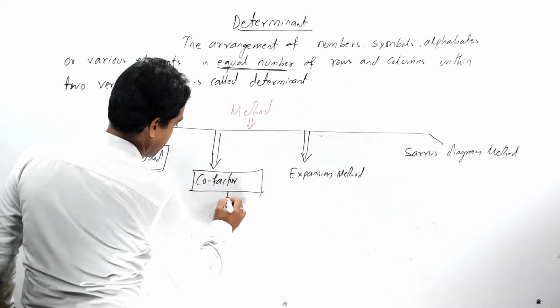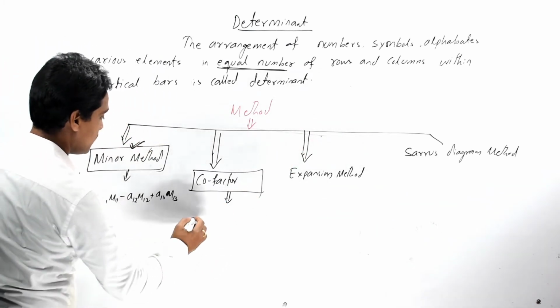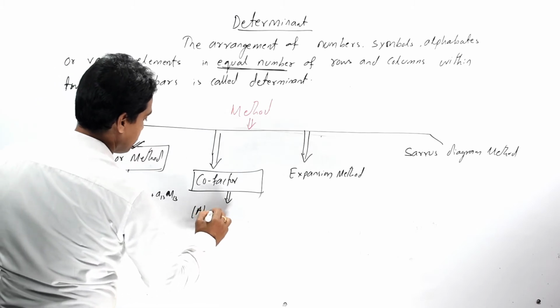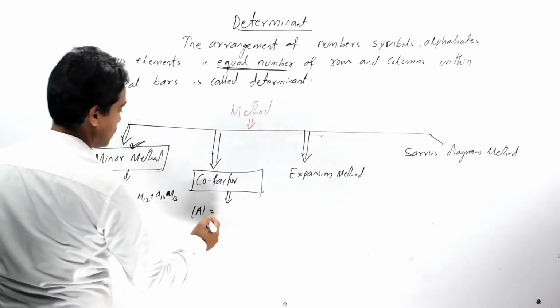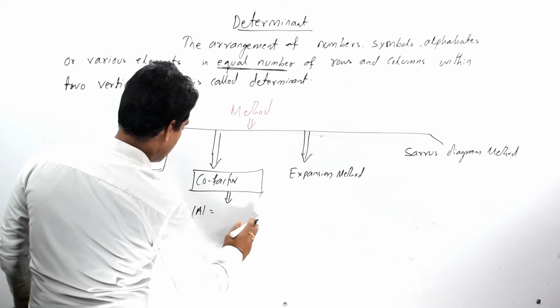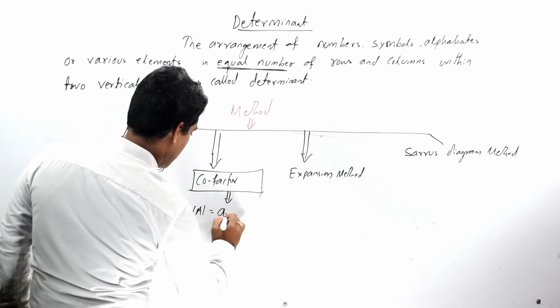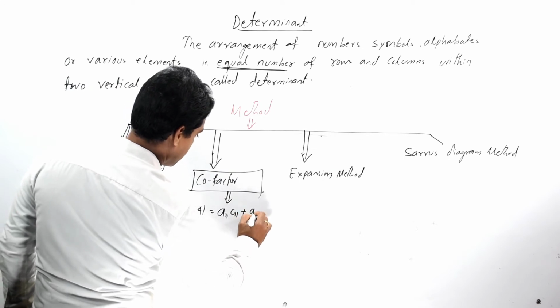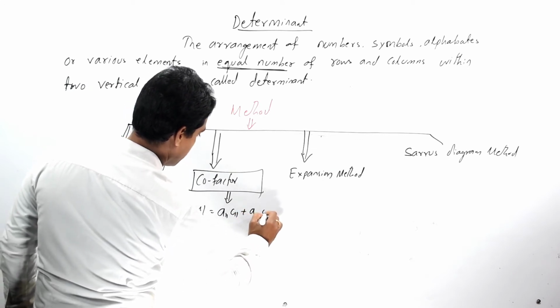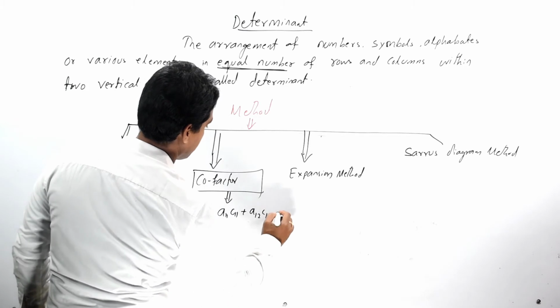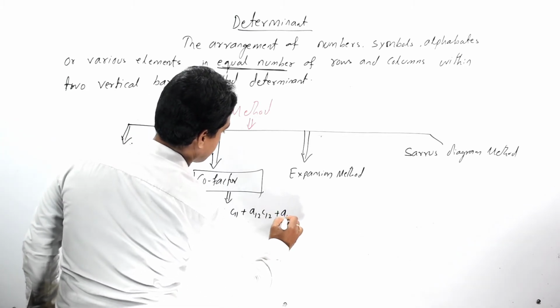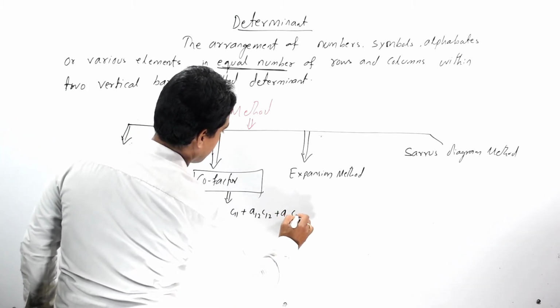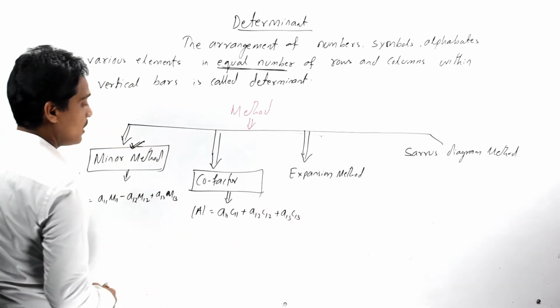Generally, we can find the value of the determinant using cofactors by following the rule A11 into C11 plus A12 into C12 plus A13 into C13.